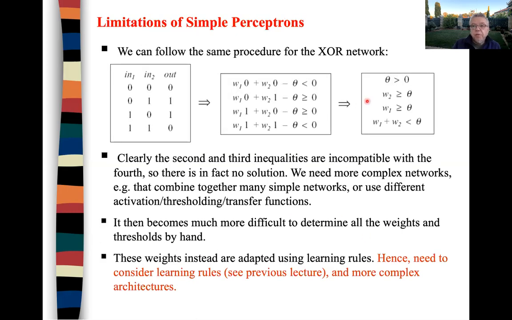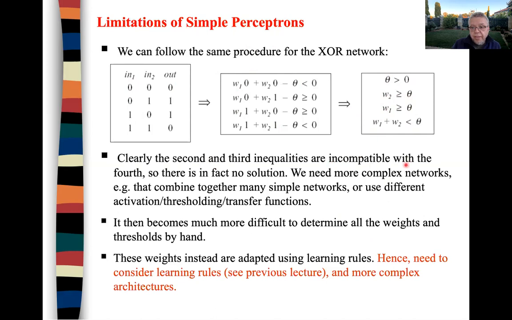So we can solve these three functions just using this approach. What about the XOR function? This is the truth table of the XOR function. If we follow the same procedure, we find we need to solve this set of inequalities. And you can see here that the second and the third, we want W2 to be greater or equal than theta, W1 greater or equal than theta, but their sum is less than theta.